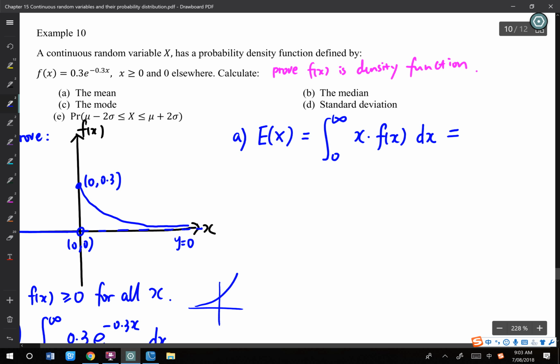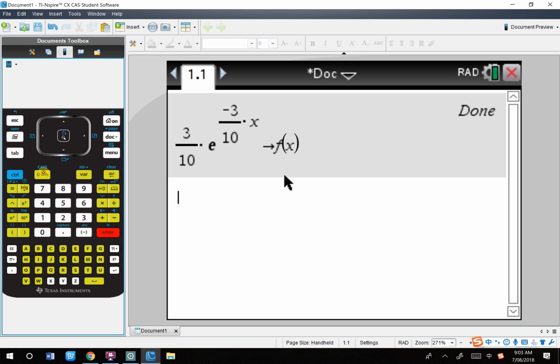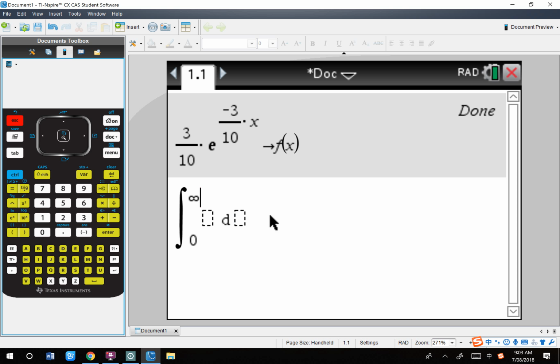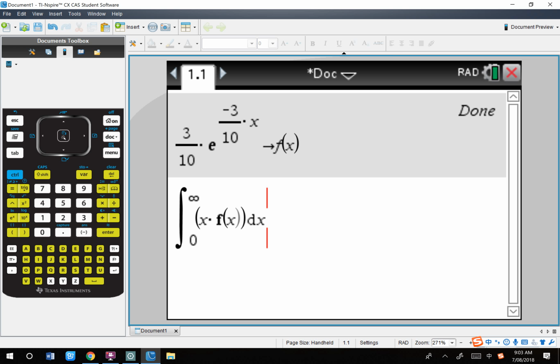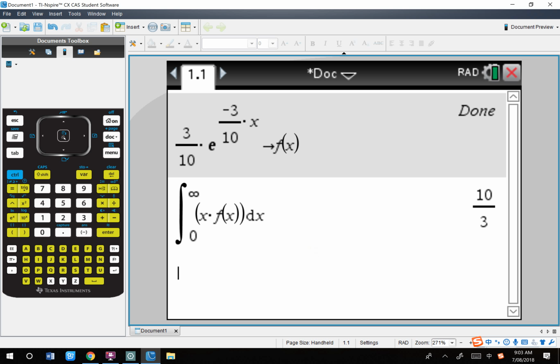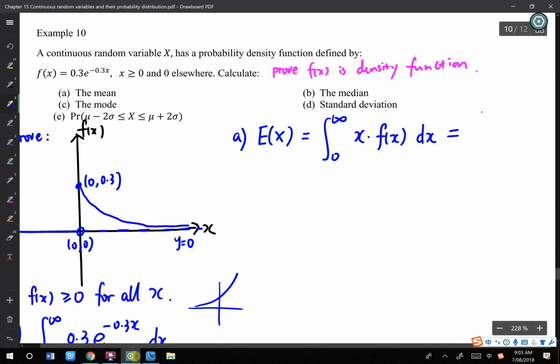I can't do this by hand, so integral 0 to infinity of x times f(x) dx. Okay, I have 10 over 3. If you put that in the CAS, that gives you 10 over 3.